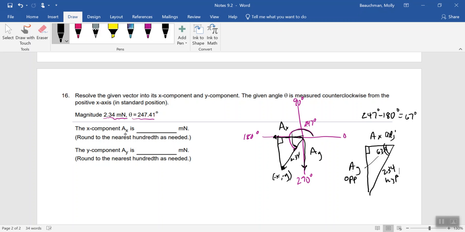So to find a sub x, I'm going to use adjacent over hypotenuse. I use cosine again. So the cosine of 67 degrees is equal to adjacent, a sub x, over hypotenuse 2.34. And if you notice, we keep using cosine every time for the x component.